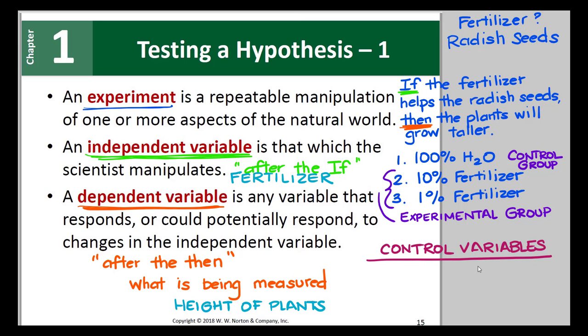My control variables are variables that are going to remain the same across all the groups, the control as well as the experimental groups. So these are variables that remain the same across all groups.